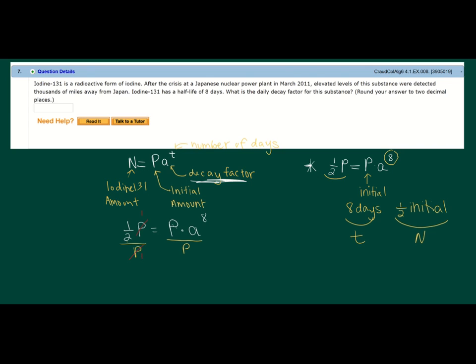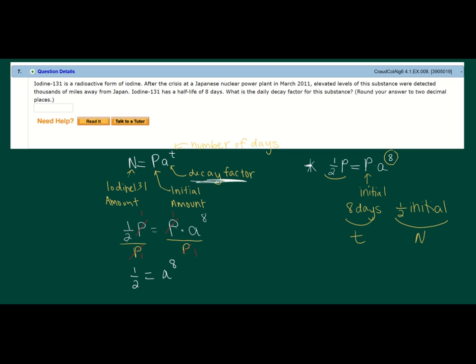P divided by P equals 1. And on the right-hand side of the equation, the same thing happens. I've got P divided by P gives 1. So all I'm left with is 1/2 times 1, or just 1/2, equals 1 times a to the 8th power. So look at this. I'm left with 1/2 equals a to the 8th.